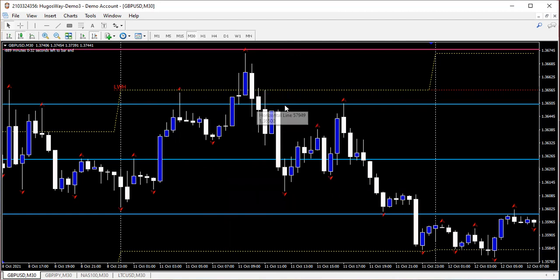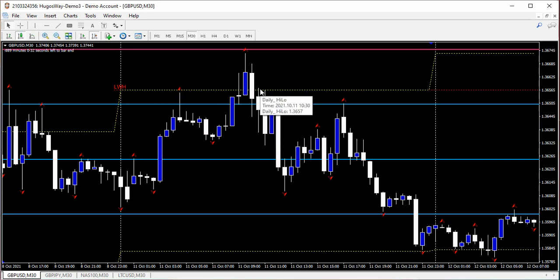Now this is my zone right here. Price came down, closed inside of my zone, and also closed below the previous day's high, and it also closed below that weekly high. So that's another confluence.